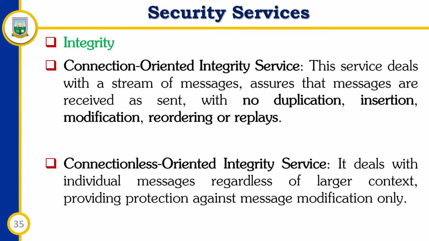So for instance, if we are sending an email or trying to visit a website like the UMAT website, and we are saying UMAT because we are in UMAT, or maybe Facebook. If we are trying to visit Facebook, you type facebook.com in your browser address, and it keeps loading and the network goes off.